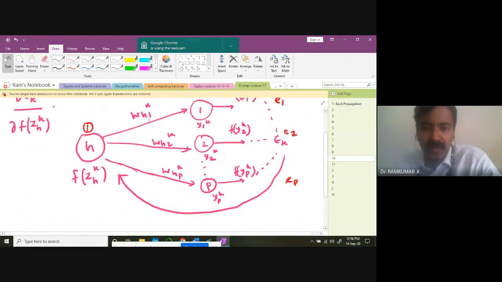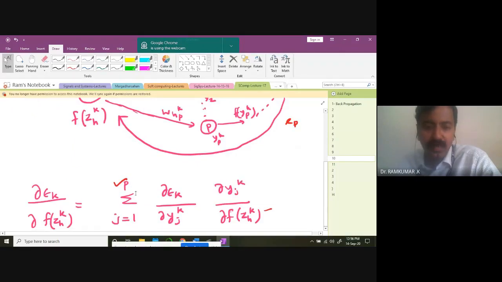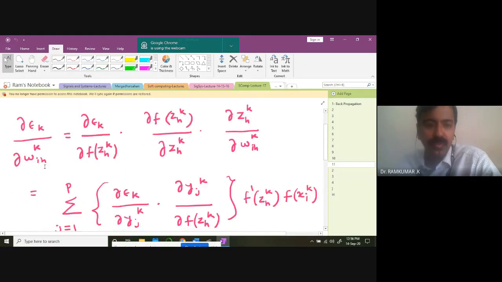That's because these weights are connected to all the output neurons. So naturally, we need to take this summation, J equal to 1 to P, dou EK, dou YJK, dou YJK, dou f. If we compute this value, it is going to be like this.